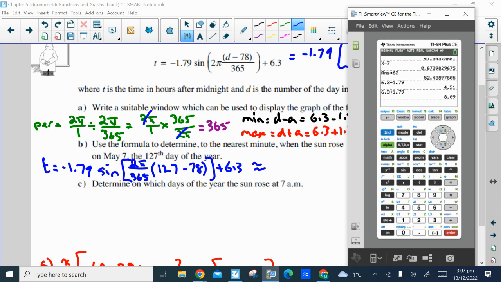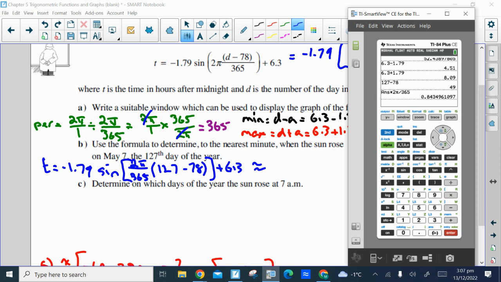So you might find it easier here to work inside the brackets first. So 127 minus 78. You're going to multiply that by 2 pi and divide by 365. So inside the big square brackets, you work all that out. It's 0.843, etc. That's what you need to take the sine of.